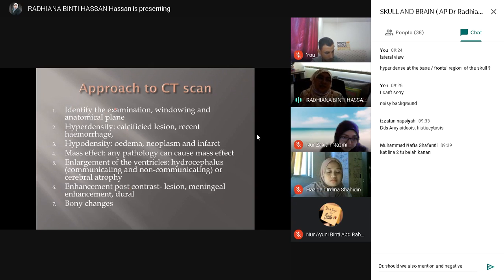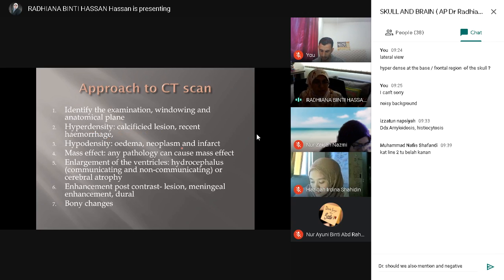Again, we look at the CT scan, we identify the examination, windowing and anatomical plane. We see if there is any abnormality, and if there is abnormality, whether the abnormality is hyperdense or hypodense, okay? So hyperdense can be caused by calcified lesion or acute hemorrhage.